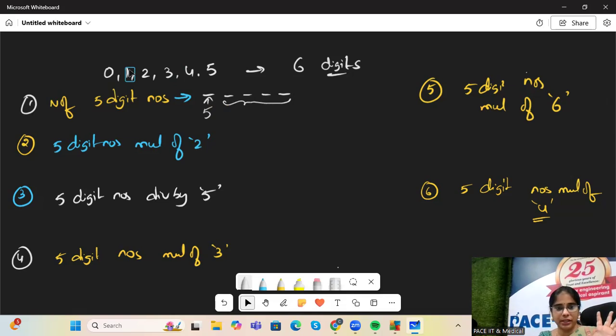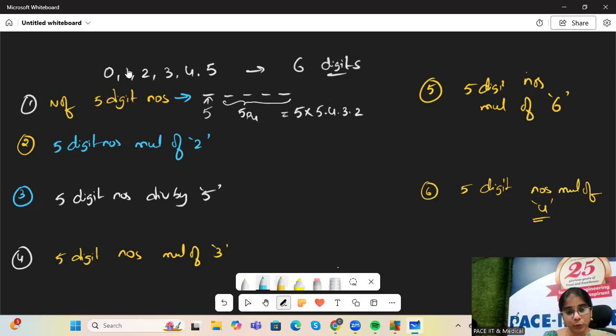Suppose I fix 1 there. So I'm left with the remaining 4 places, and the remaining 5 digits along with the 0 included, I can place anywhere. I have 5 digits and 4 places, so it is 5P4. So my final answer will be 5 into 5, reducing 4 times, 5, 4, 3, 2. That will be your answer.